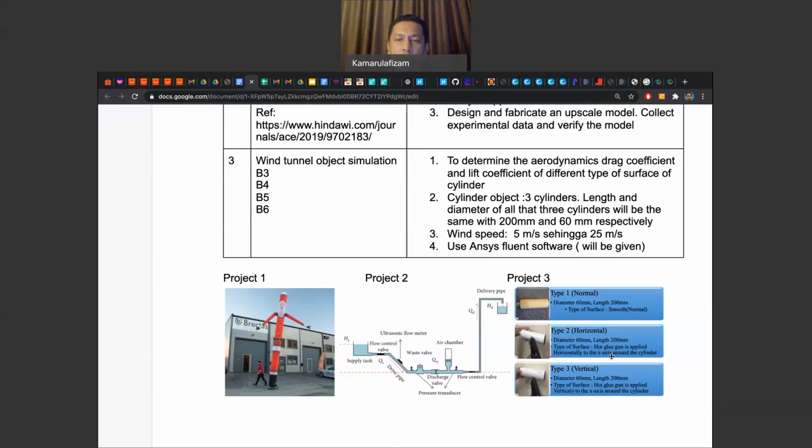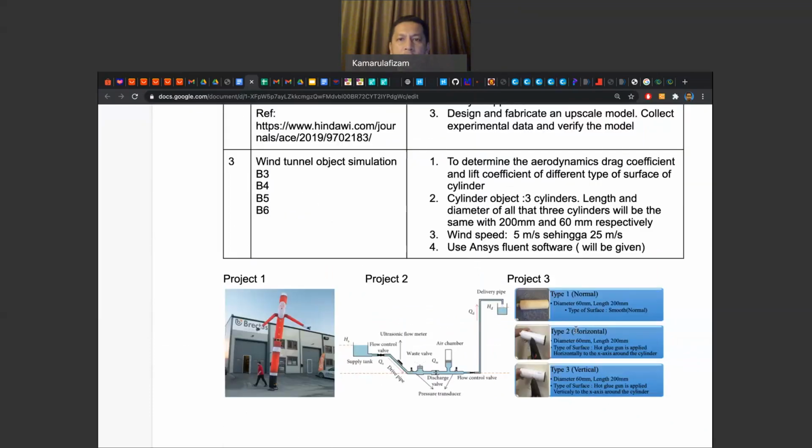We have run the test in the lab using the cylinders. Then we have the data in a table in which the drag coefficient and the lift coefficient for different wind speeds for each of the 3 cylinders. So we have the experimental data, and what we need is the simulated data from the simulation that you will be running.